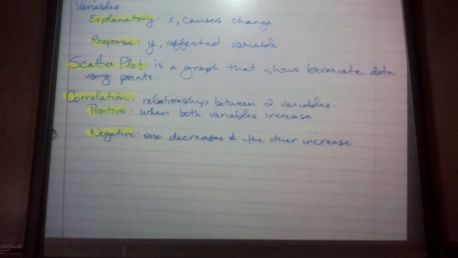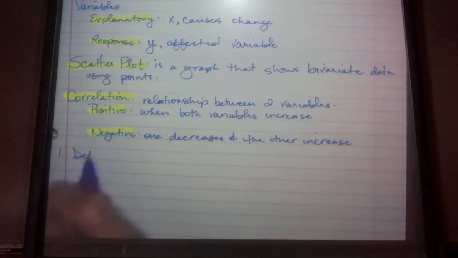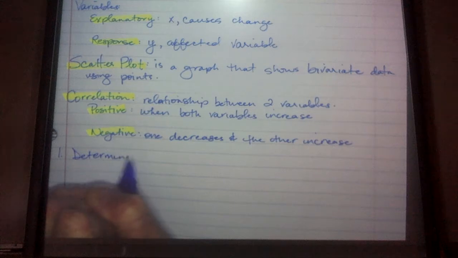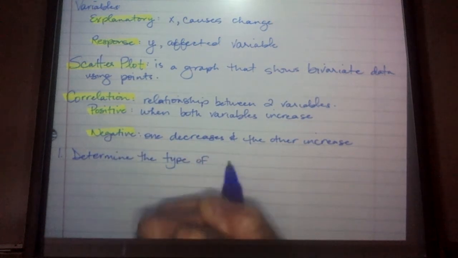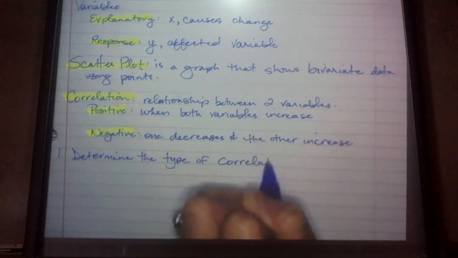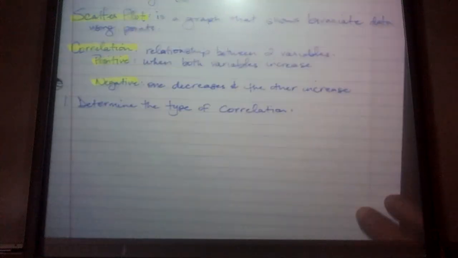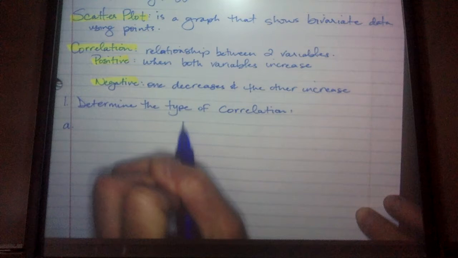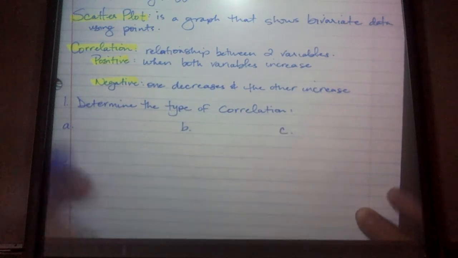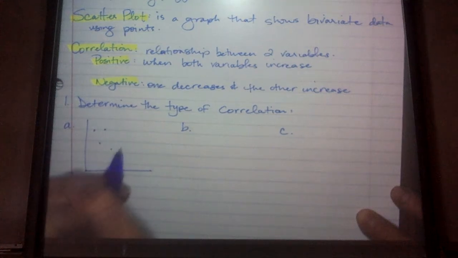So I'm going to draw a picture of each type of correlation in our first example. In the first example, which you'll see in your homework, determine the type of correlation that each of these has. And so I'm going to draw three different pictures in parts A, B, and C. In the first picture, I'm going to draw just kind of random points.